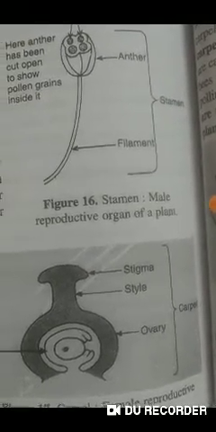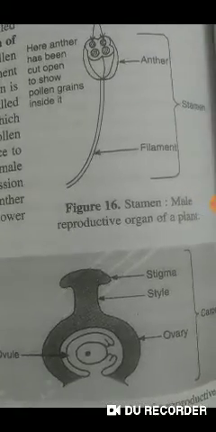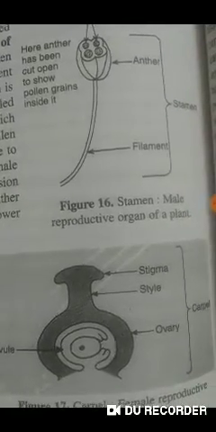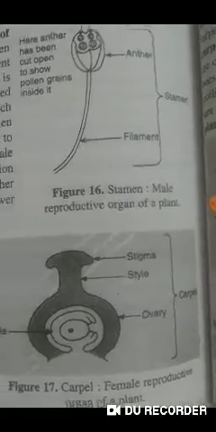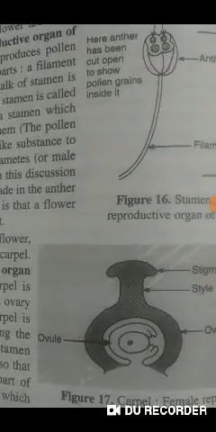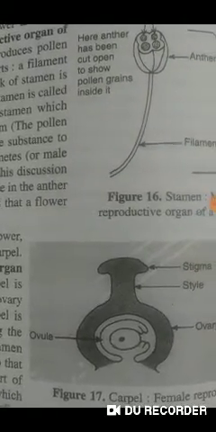When an insect sits on a flower of a plant for sucking nectar, the pollen grains from the anther of this flower stick to its body.